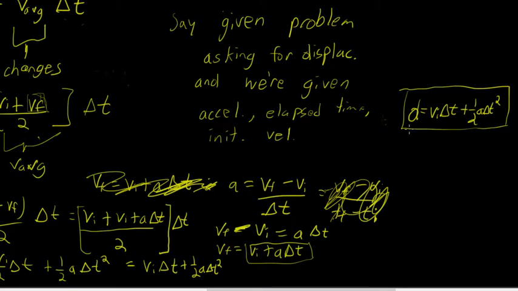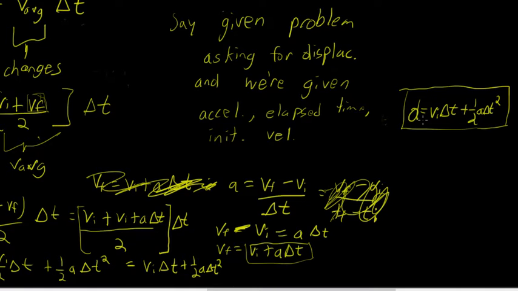The question could be worded another way. We could be given the displacement and the initial velocity and the elapsed time and be asked how fast the car is accelerating. So we could say a car speeds up.